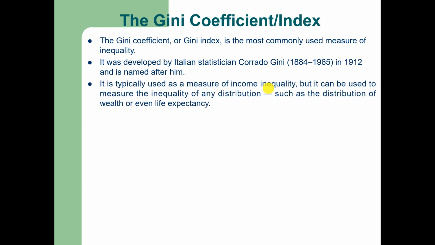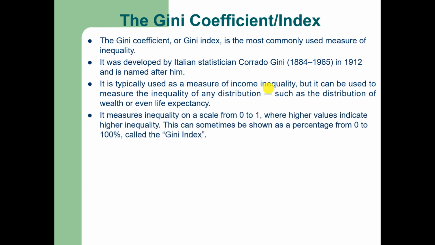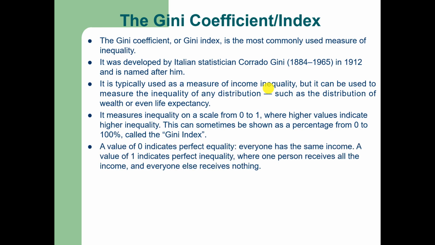It is typically used as a measure of income inequality, but it can be used to measure the inequality of any distribution, such as the distribution of wealth or even life expectancy. It measures inequality on a scale from 0 to 1, where high values indicate higher inequality. This can sometimes be shown as a percentage from 0 to 100%, which is known as the Gini index.